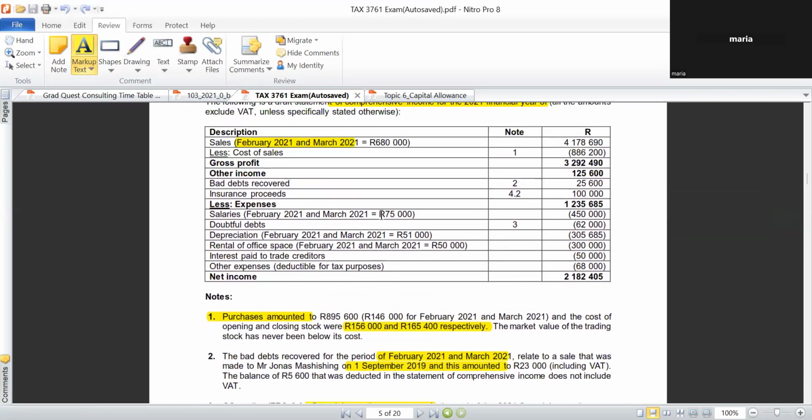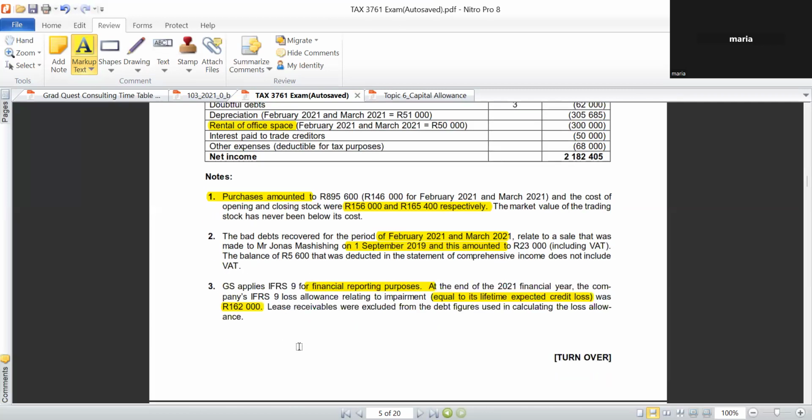Why? Because what you discover in this question, they do not only cover, for instance, section 11E capital allowances per se, but you would also notice that there are buildings that are going to be dealt with. No wonder the rental of office space there that is being mentioned.